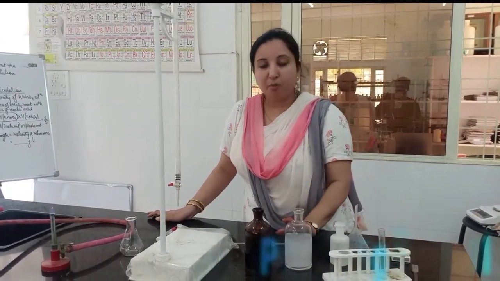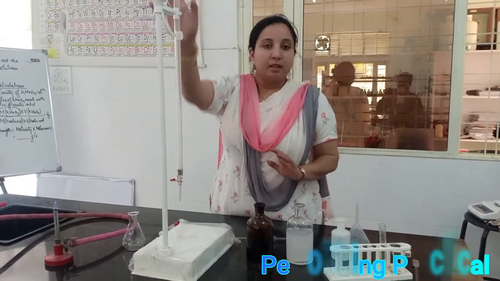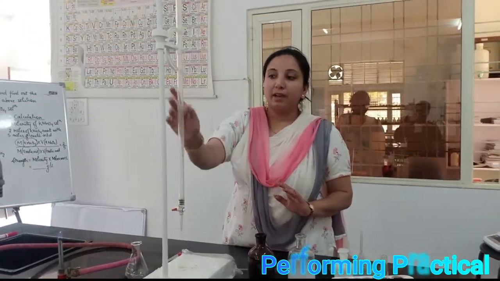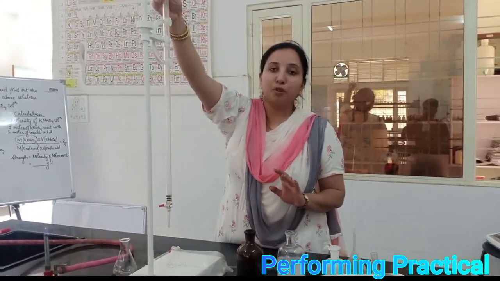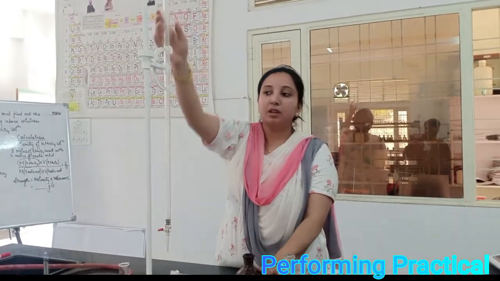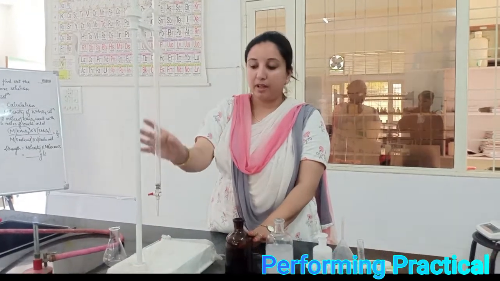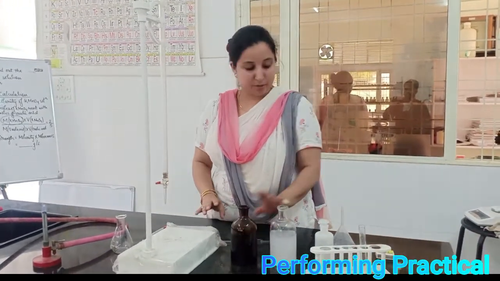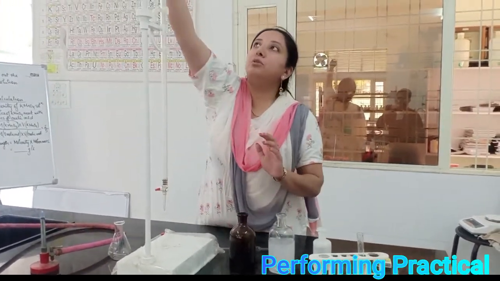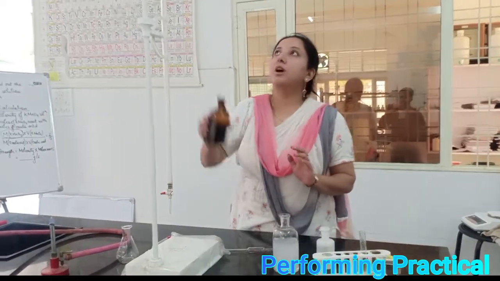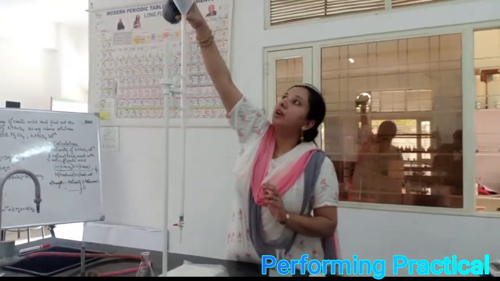Now what we do, this is the burette. Before pouring the KMnO4 solution, you need to rinse it with the help of the KMnO4. I have already rinsed it with the KMnO4. So we are just going to pour the KMnO4 in it.